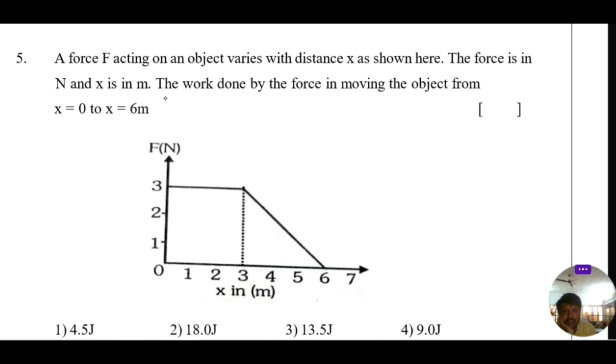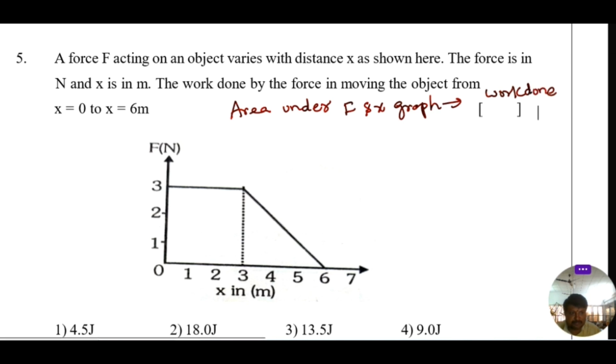It's a graphical question. Force and displacement. Already we know very well, the area under the force and displacement graph gives work done.